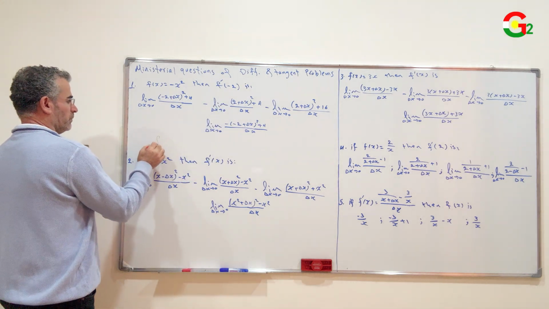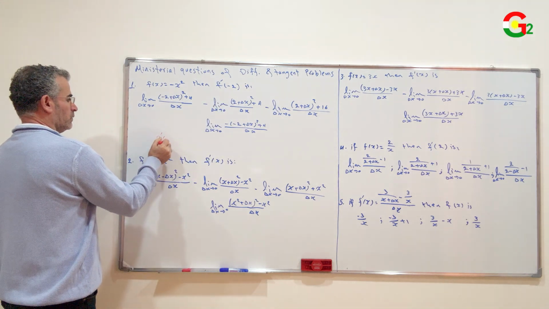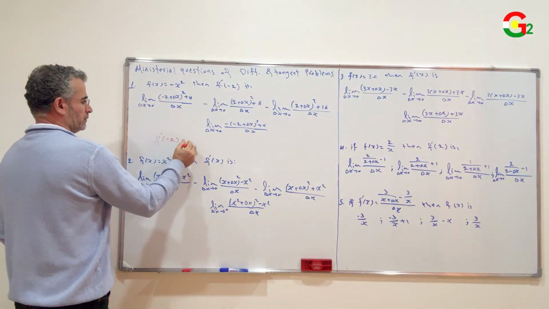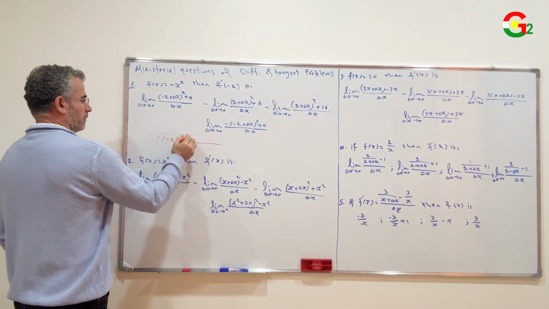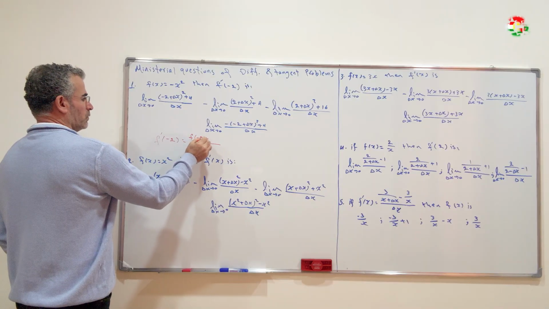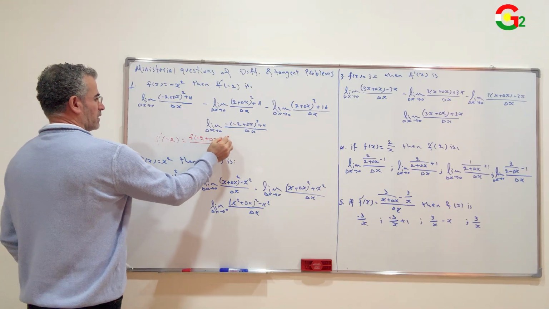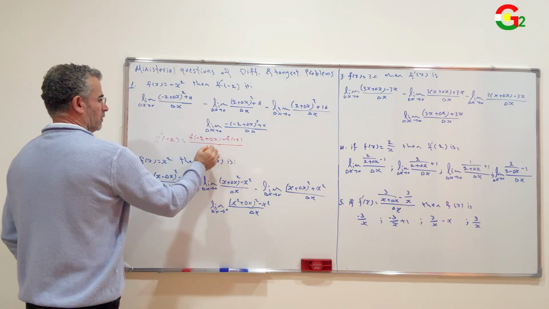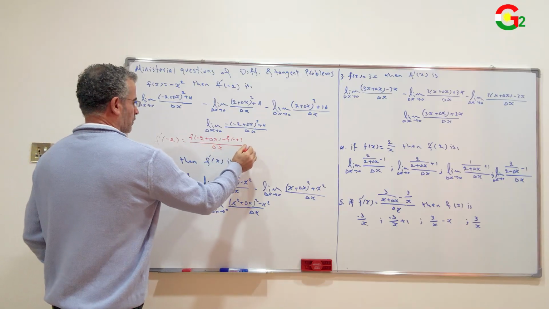F prime of negative 2 equals the limit as delta x approaches 0 of f of negative 2 plus delta x minus f of negative 2, over delta x.